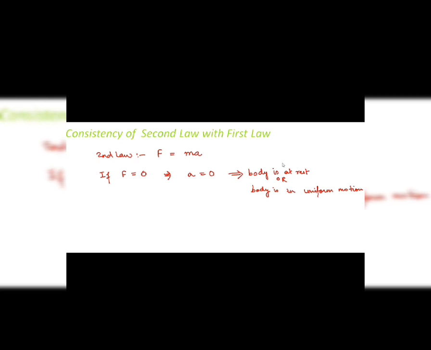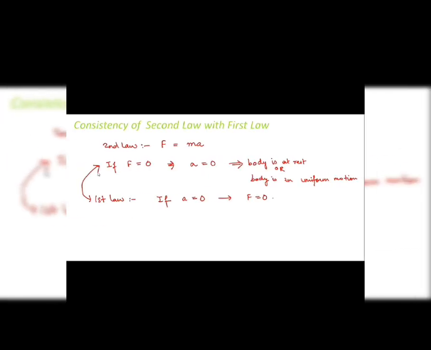So both of them are telling the same thing. So my second law is consistent with the first law, right? We can say that second law is true not only for non-uniform motion, but it holds true for uniform motion as well. So the first law and the second law are consistent with each other.